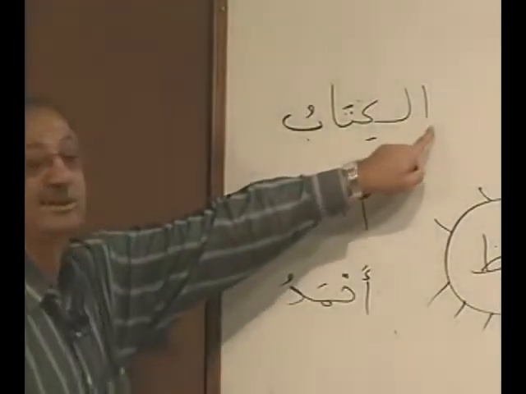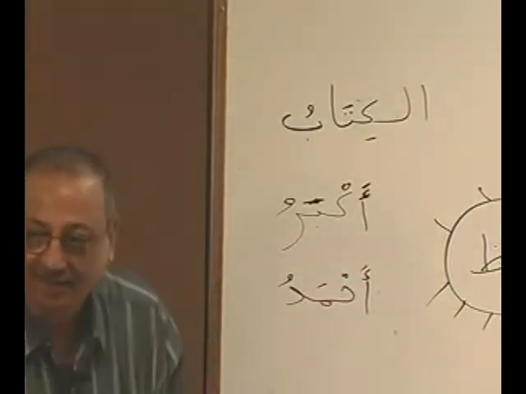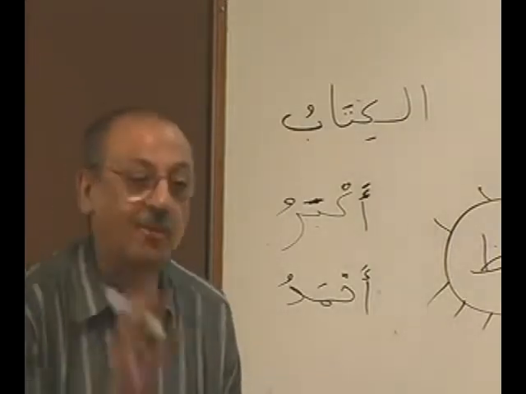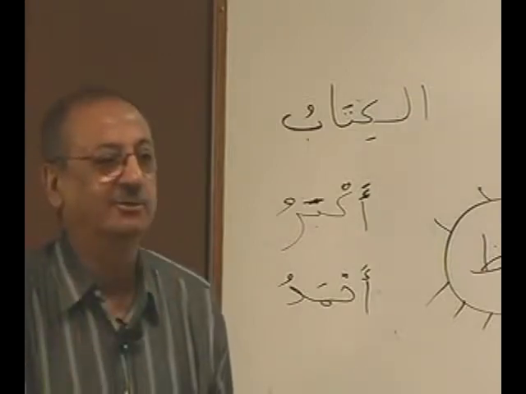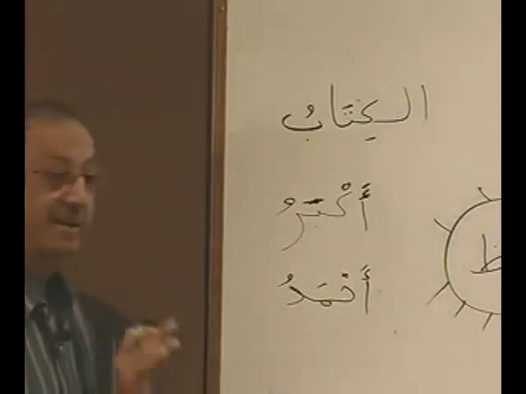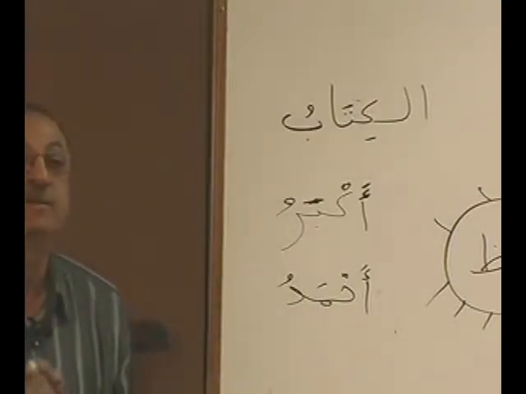Because this is Hamzatul Wasal and this is Hamzatul Qata. When the Hamzatul Qata comes, you have to pronounce it whenever it comes and wherever it comes. But Hamzatul Wasal, Brother Hassan, will only be pronounced if the sentence begins with it.